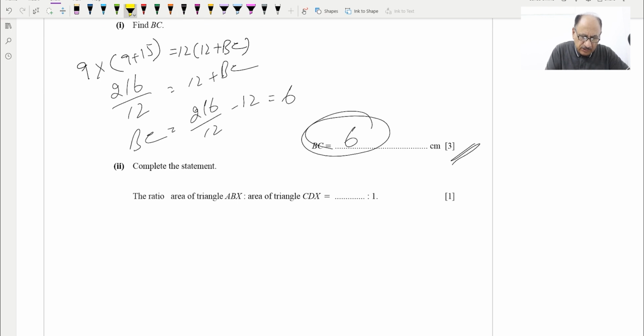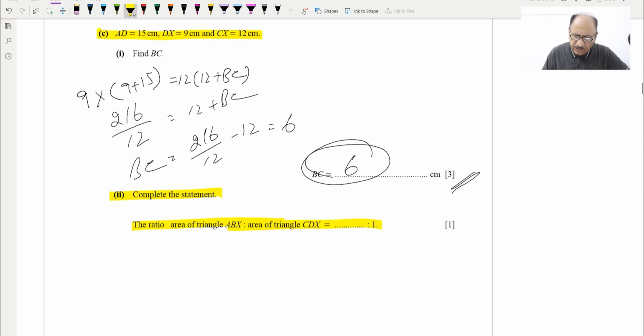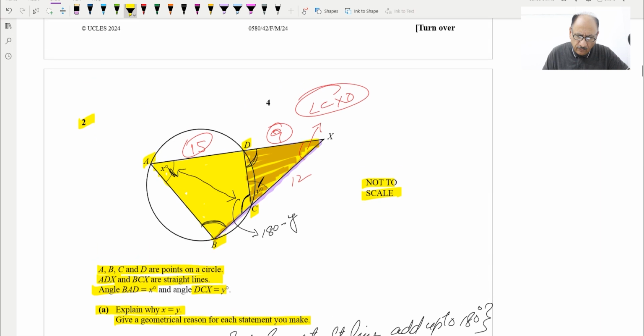Now they are saying, complete the statement, the ratio area of triangle ABX and CDX. If we check, the ratio of these is basically this one, this is 12, and this side is 24, so double of this one, right?